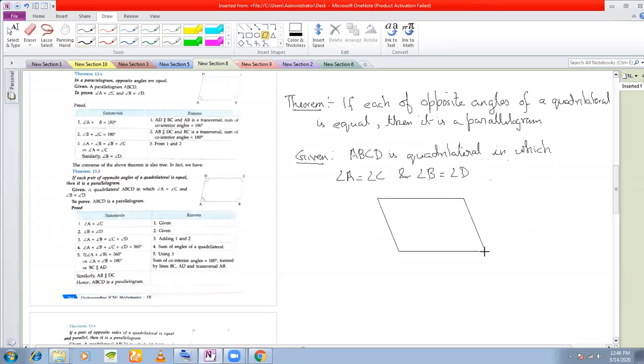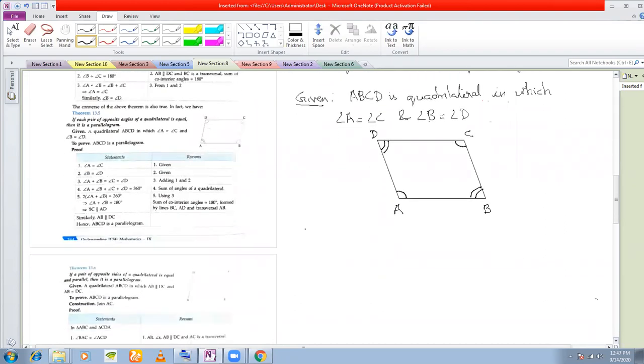It somewhat looks like a parallelogram. These two angles are equal, and these two angles are equal.